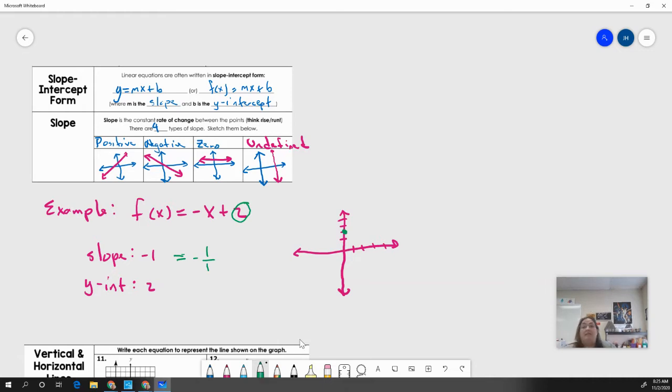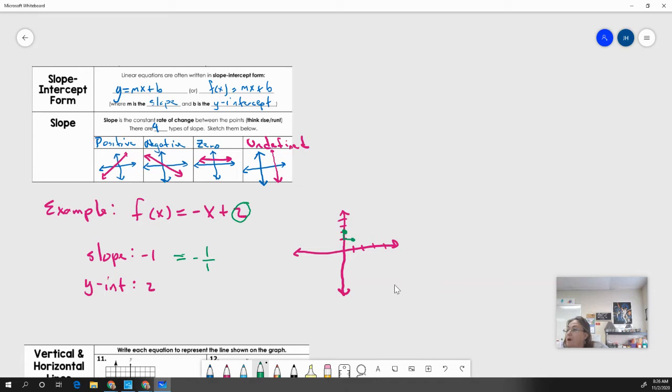Now, when we're dealing with a negative slope, there's a couple things you need to remember. The main thing is that one piece has to be negative. It does not matter if I make the numerator negative or the denominator negative, but only one can be negative. So if I make my rise negative, if I go down 1, then I have to go positive for the run.